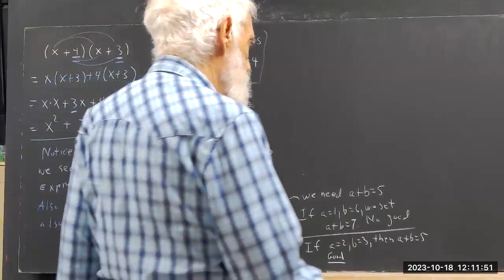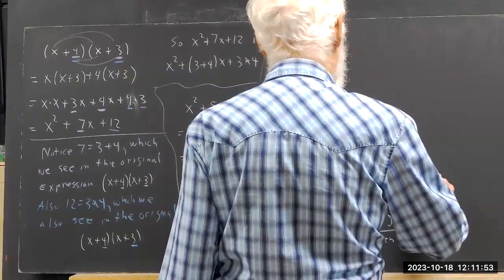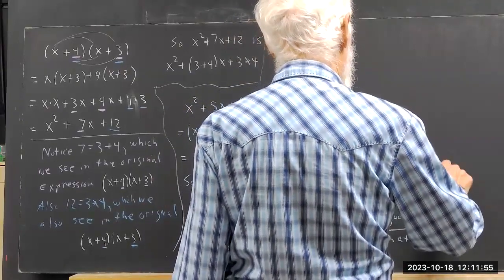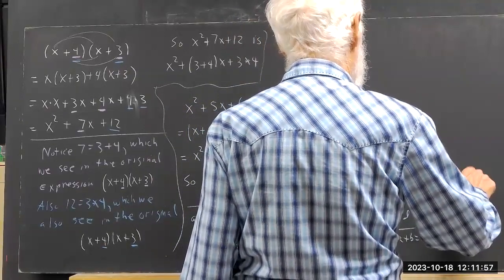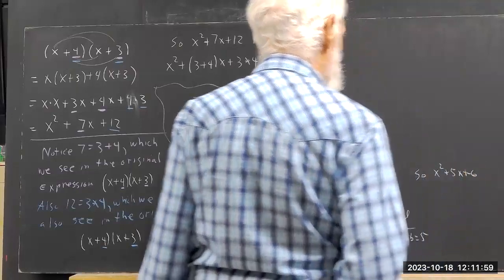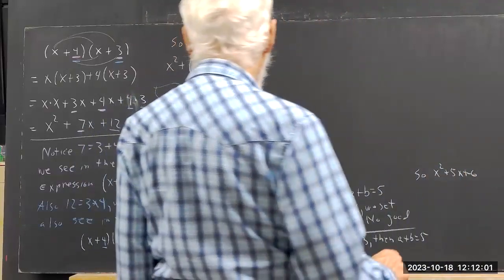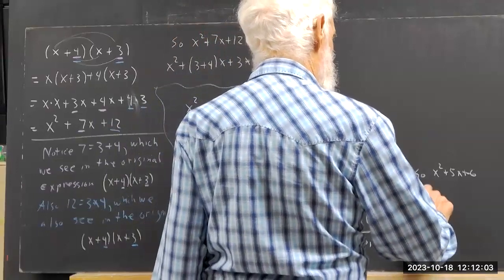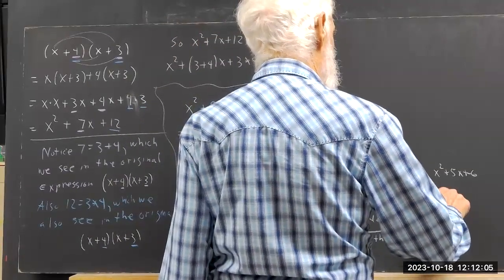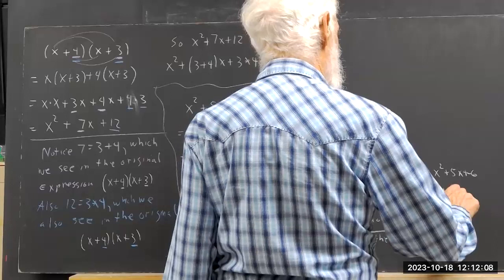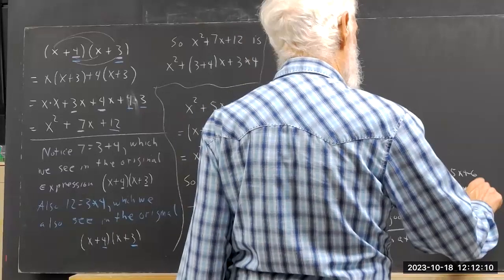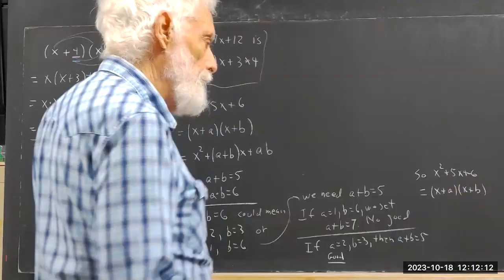Okay. So x squared plus 5x plus 6 is x plus a times x plus b.